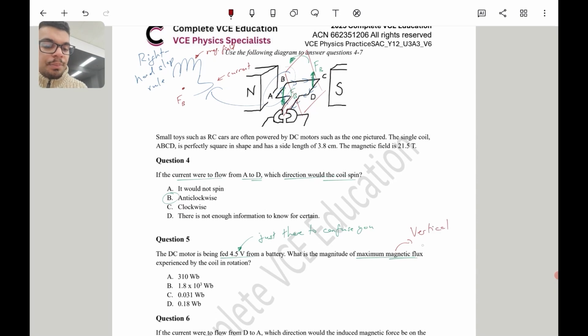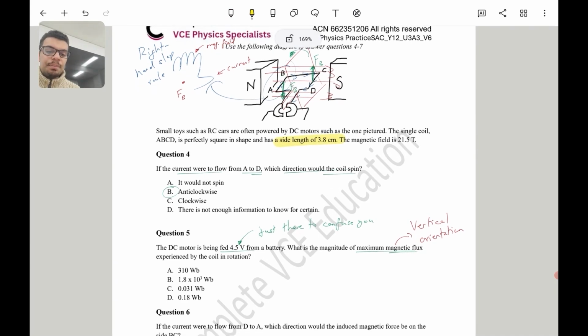And the maximum flux will occur at the vertical orientation, when all of the magnetic field lines are able to penetrate through the area of the coil. So in this case, we can use the side length of 3.8 centimeters to figure out the area and then figure out the magnitude of the magnetic flux at this point.